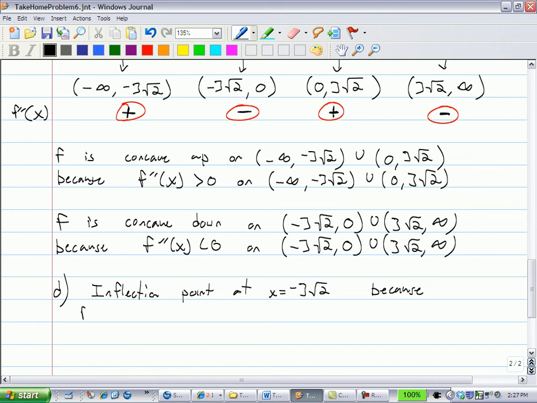We're going to say because f of negative 3 root 2 exists, I know that because negative 3 root 2 is in the domain, and f prime of negative 3 root 2 exists.